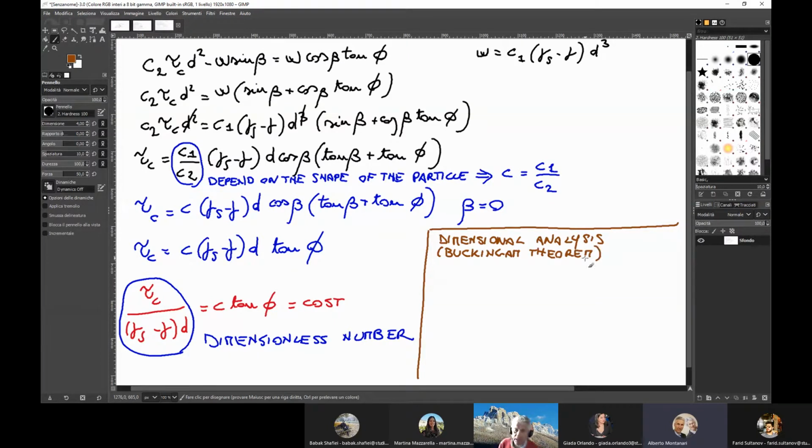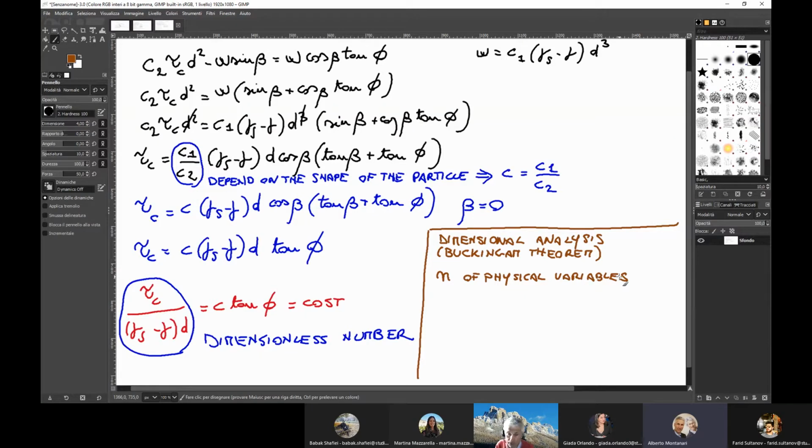What does it say, the Buckingham theorem? Okay, now, if you have a physical process which can be translated into a physical meaningful equation involving a number n of physical variables, we will see later what the physical variables are in our case.